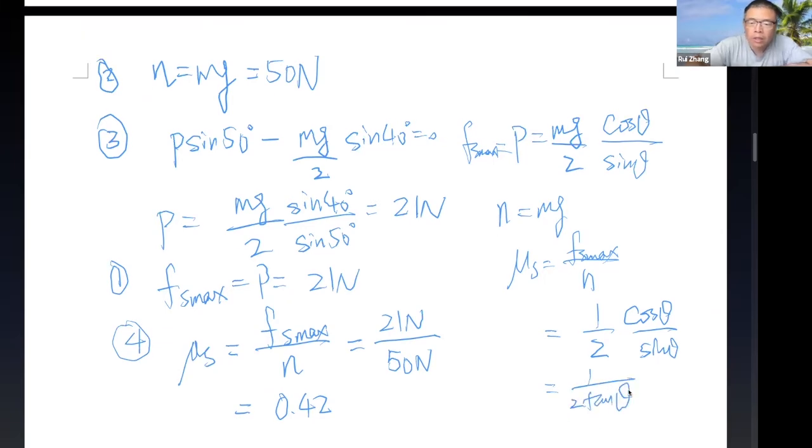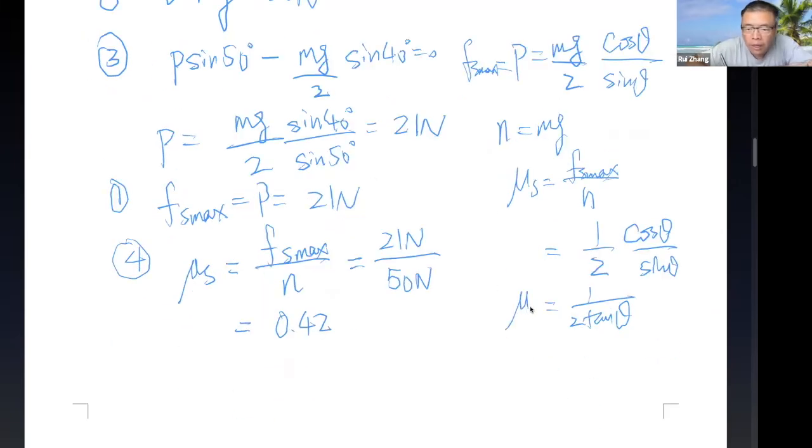Okay. So this tells us there is an inverse relation between angle theta and mu s. So the larger theta you have, the smaller mu s you need to balance this thing, which makes sense, right? Let's say the theta we have here is the critical angle.